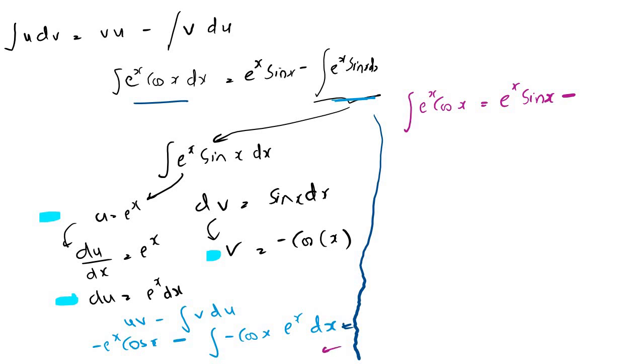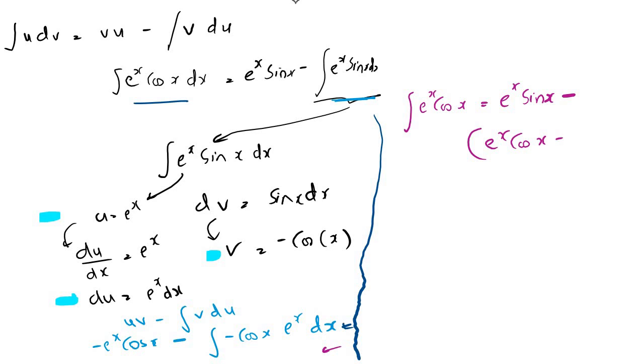So I'm going to copy that: minus e to the power x cos x minus integral minus cos x e to the power x dx. Maybe I should write that again.